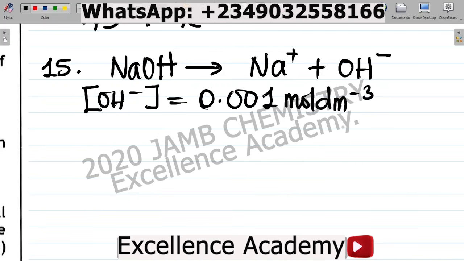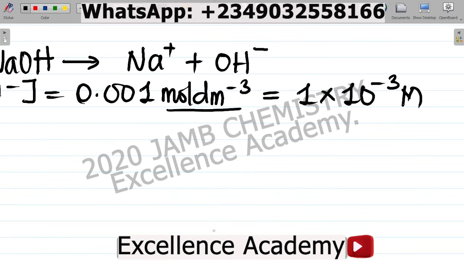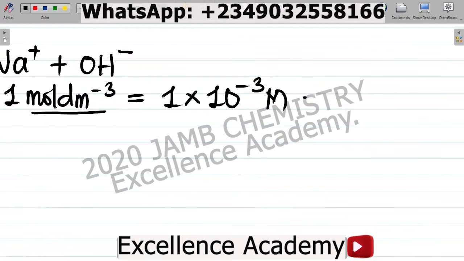If I write this in index form, this is 1 times 10 to the power minus 3 mole per dm cube, which is the same thing as molar. Anything times 1 is itself, so that becomes 10 to the power minus 3 molar, or mole per dm cube.